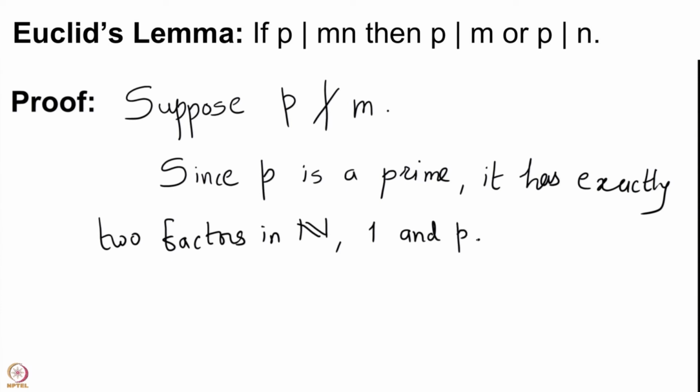Now if we want to compute the GCD of p and m, it should first of all be a divisor of both p and m. The factors of p are 1 and p. So the GCD has to be among these two. Can it be p? GCD cannot be p because p does not divide m.